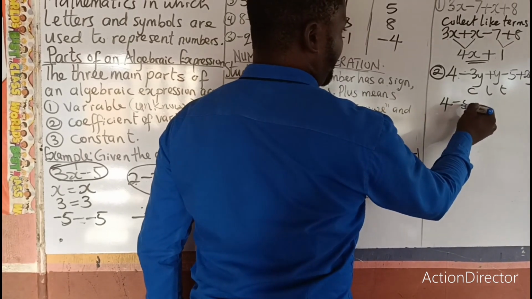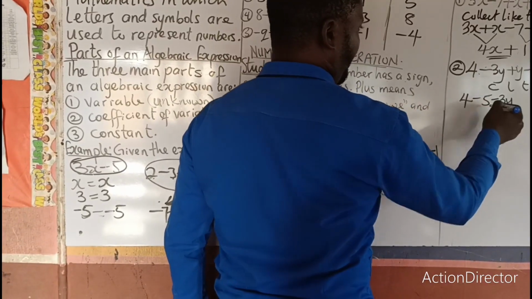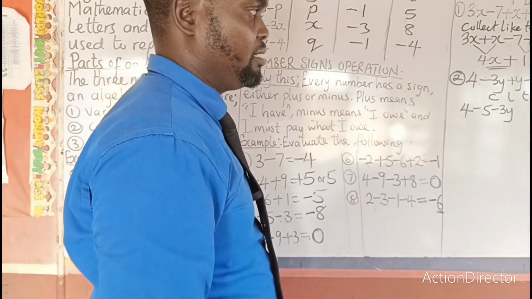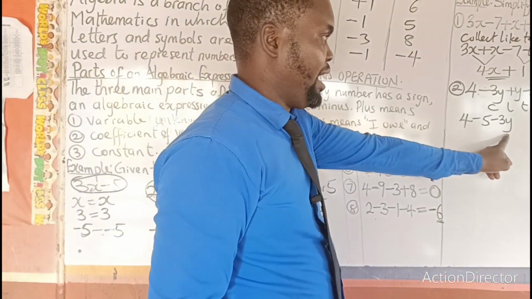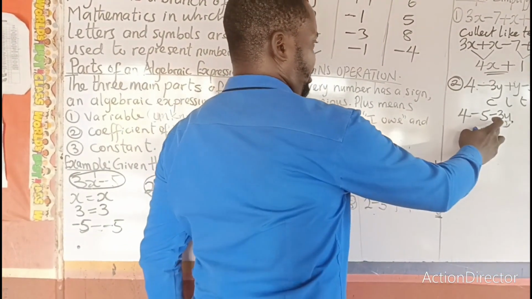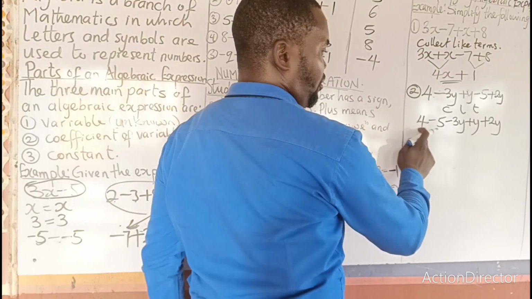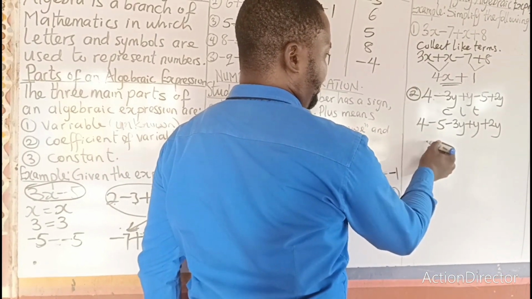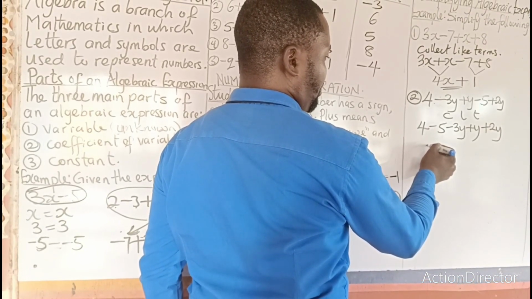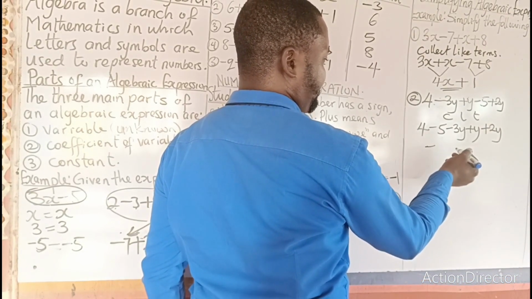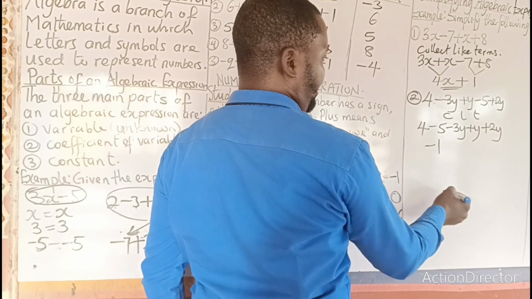So write minus 3y. Which one looks like y? Which one has y again? The other one that has y is what? Plus y. Another, I have 4. I owe 5. What do I do? I'll give the person the 4 naira, remaining 1 that I owe, minus 1.